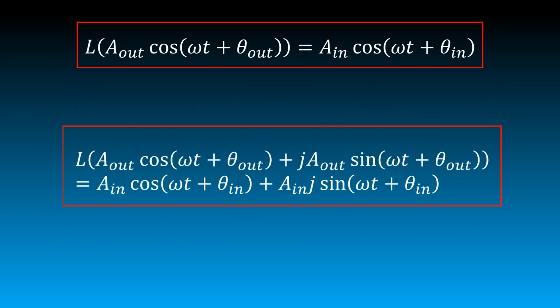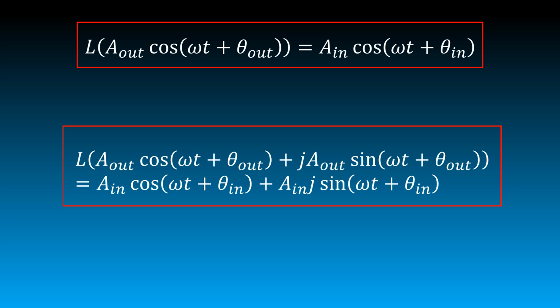So we have two red boxes here. In the top red box, we have the sinusoidal input and sinusoidal output. In the bottom red box, we have the complex sinusoidal input and the corresponding complex sinusoidal output.